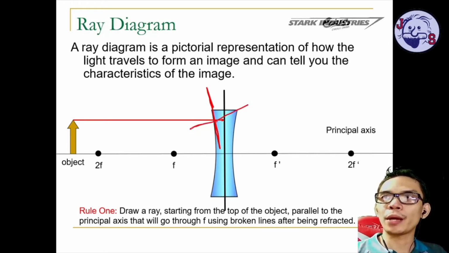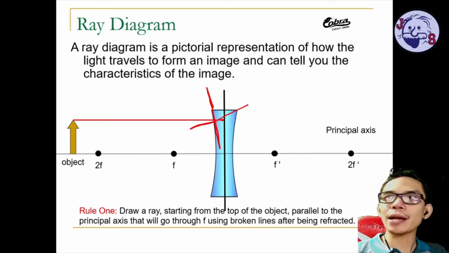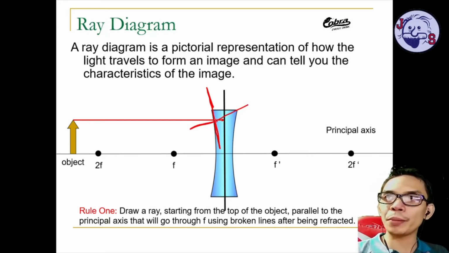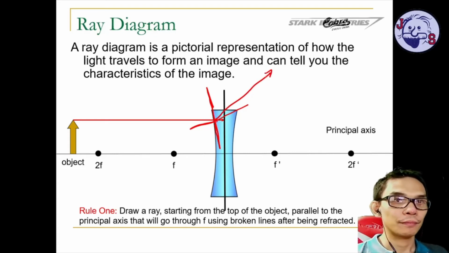Then the angle of refraction will be going right there.